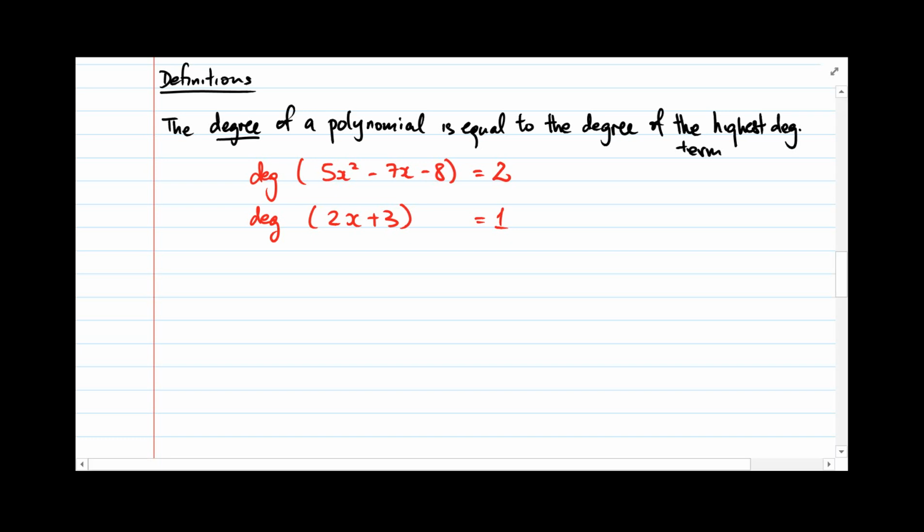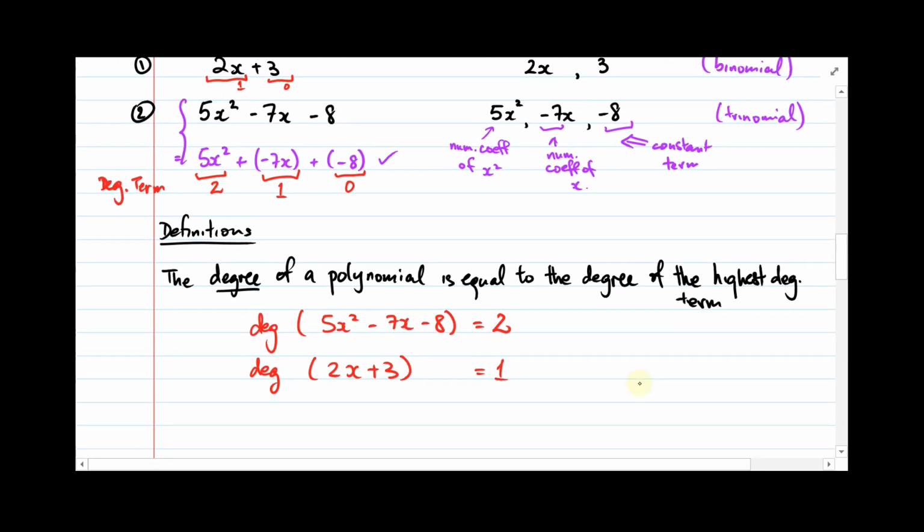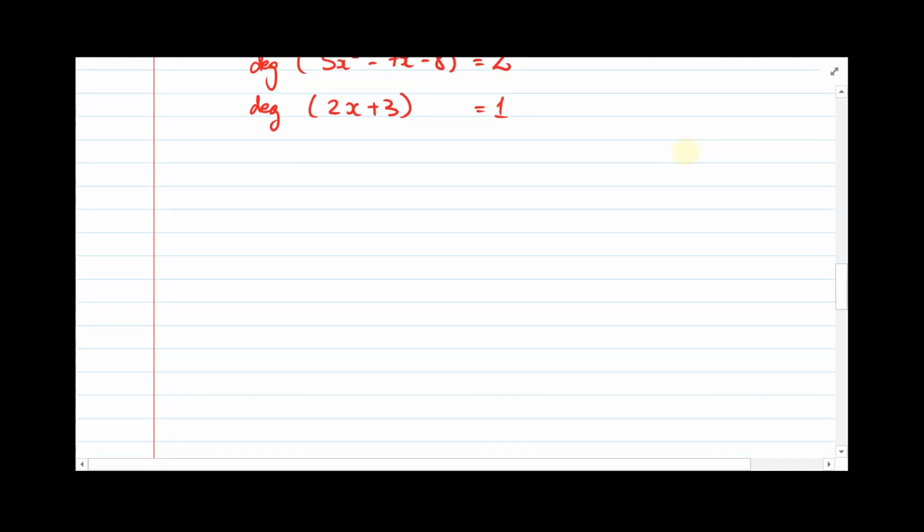I've been very nice to you so far in that I have written these polynomials in order. That is, I started with the highest power term, then I decreased. This will be known as writing a polynomial in descending order. And let's discuss that. There are two orders, the ascending and descending order.